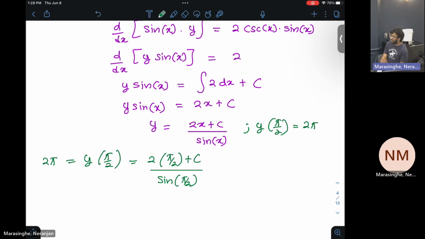What is the value of sine pi over 2? It's 1. Sine 90 degrees is 1. So you get 2 pi is equal to 2 times pi divided by 2, which is pi, plus c divided by 1. So we get c is equal to pi.